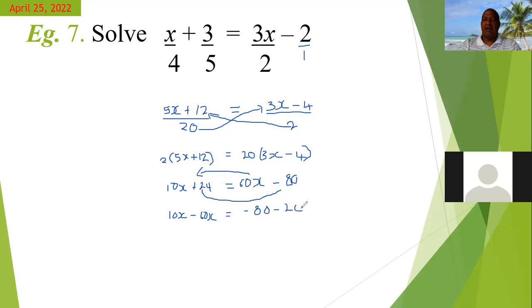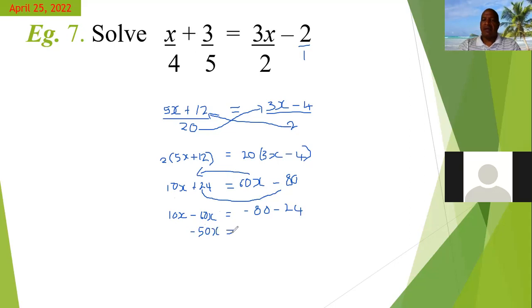All right, now here on the left side, we see that the 60x numerically is larger, so we are going to take the numerically smaller one, which is 10, from the numerically larger one and keep the sign of the larger one. So 10 from 60 gives us 50, and we keep the sign of the 60, so we get negative 50x.